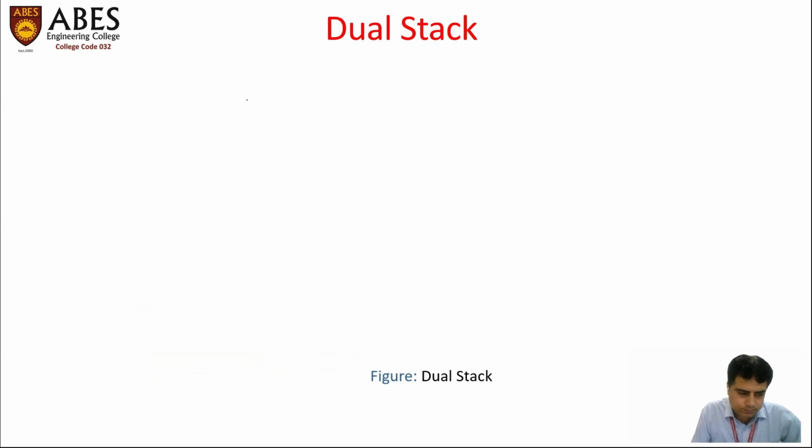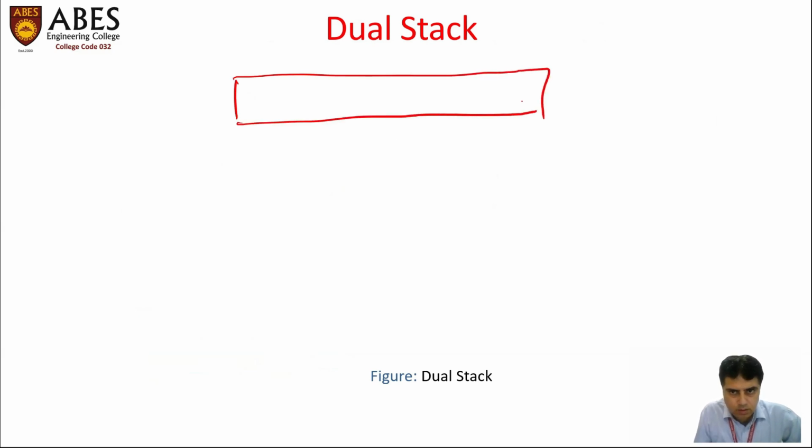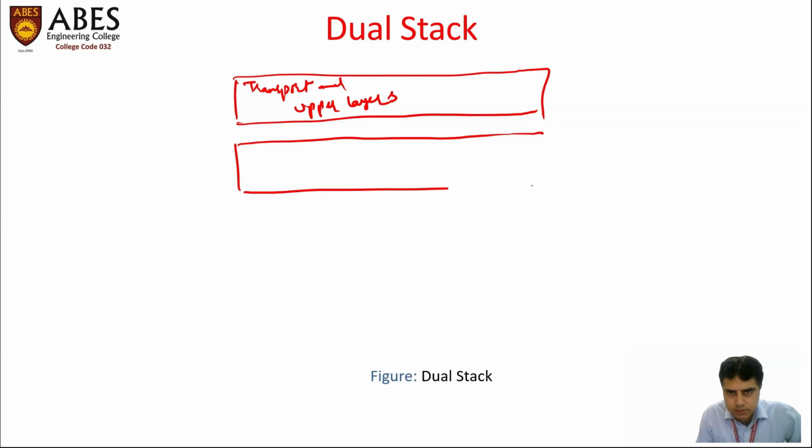So the first one is dual stack. Here is the transport or upper layer. Here is the network layer.